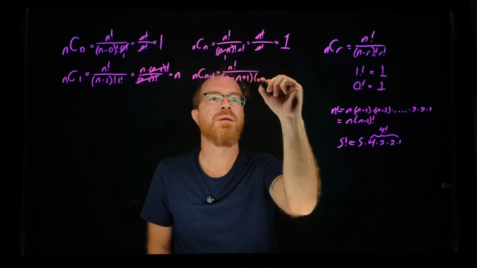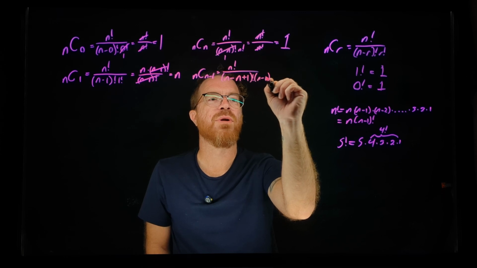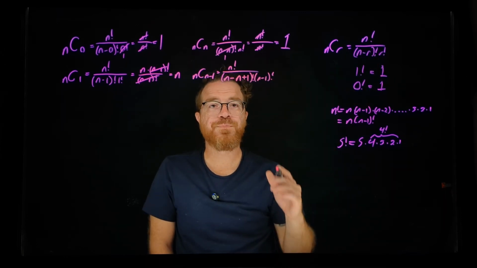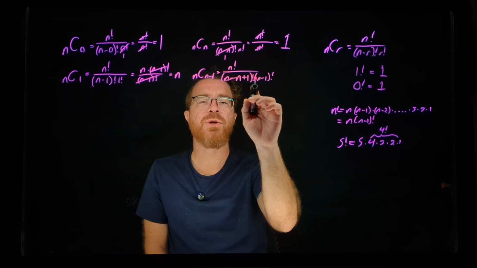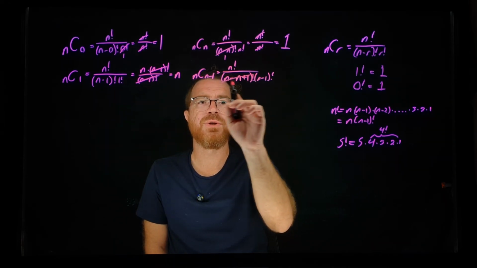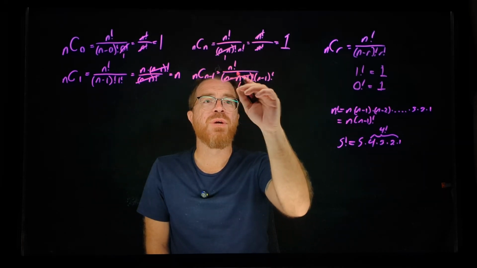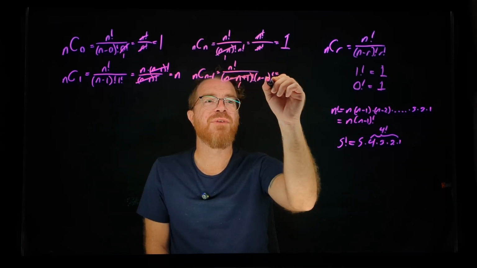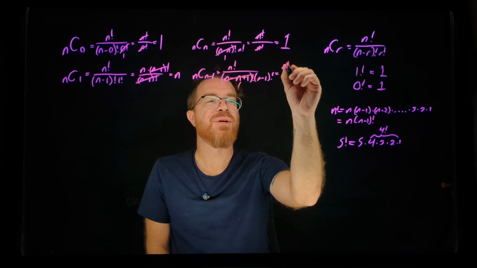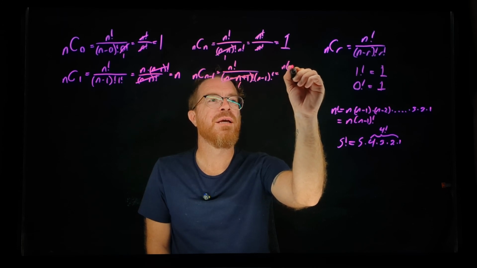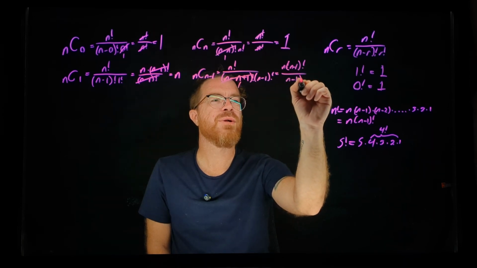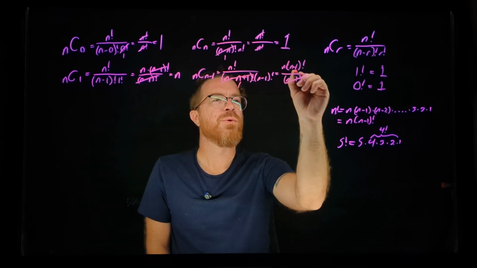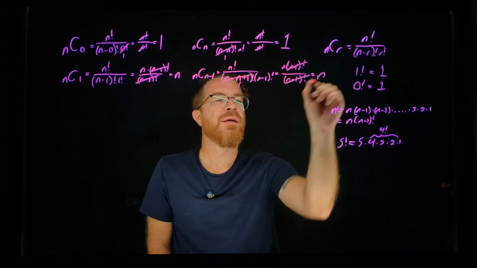And then, of course, we put n minus 1 factorial for our r. Okay, so n minus n, these two cancel. We're left here with just 1 factorial, which we said is equal to 1. So again, we're left with n factorial divided by n minus 1 factorial. So we can do n times n minus 1 factorial divided by n minus 1 factorial, which is going to leave me with just n.